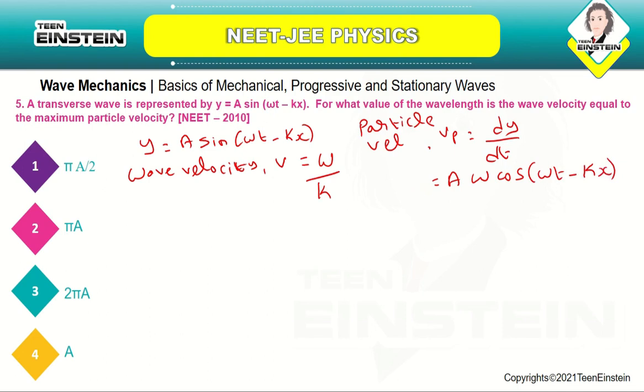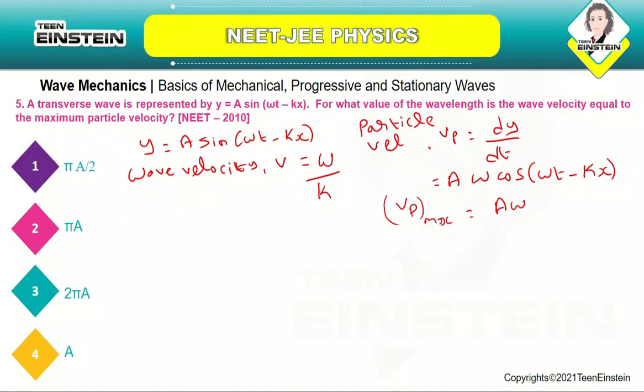So you are differentiating it, and the maximum particle velocity will be a omega. Okay, so here what they have given is, for what value of wavelength is the wave velocity equal to the maximum particle velocity. So they are saying that v is equal to Vp max.